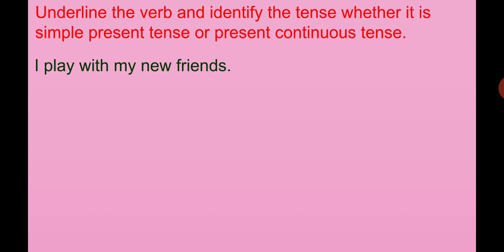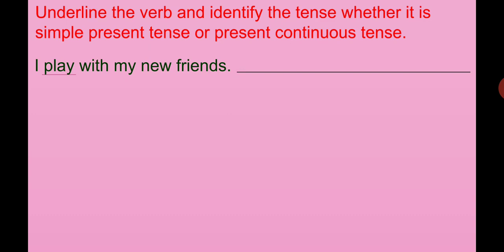So here, I play with my new friends. What is the verb in the sentence? Yes, let's guess it. Play is the verb. Play is the root form of the verb. Here we cannot change it. Play is written in its original form, with no changes.